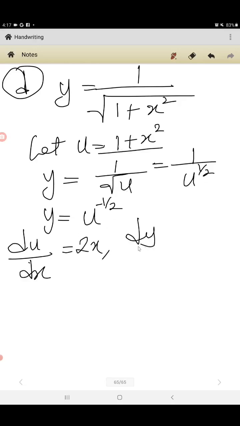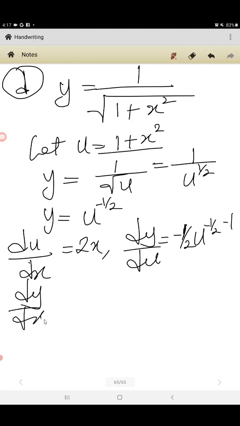So dy with respect to u gives you minus half u to the minus half minus 1, so dy/du gives minus 1 over 2 u to the minus 3 over 2. So these are the two values that we need at this junction.